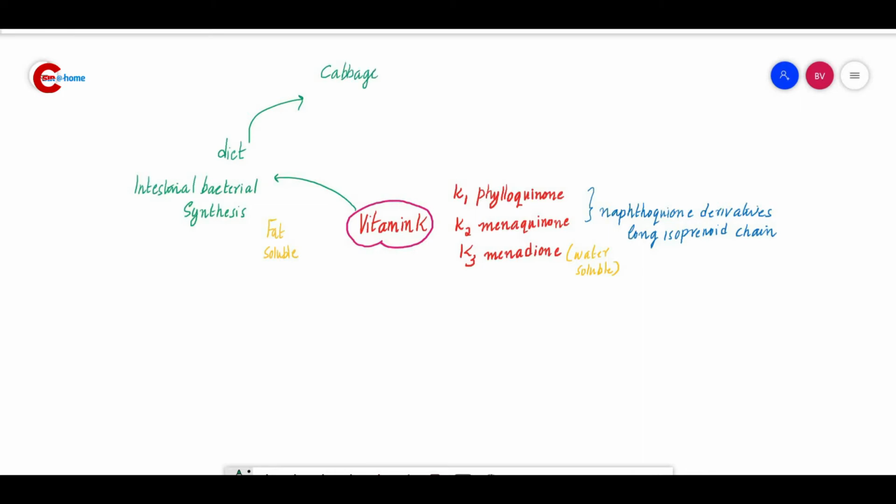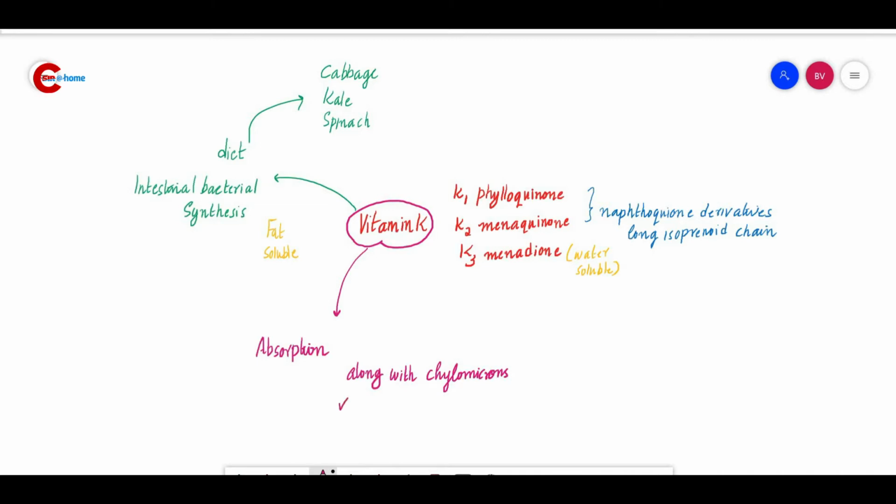That is green leafy vegetables. Cabbage, kale and spinach. These are important and rich sources of vitamin K.